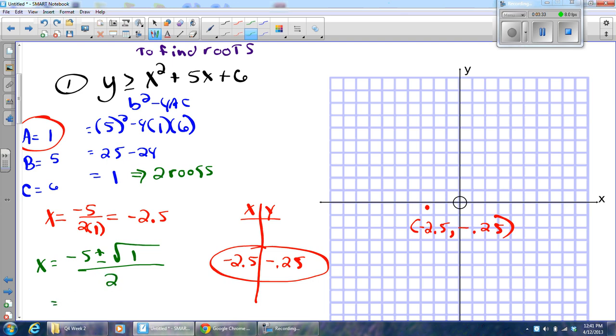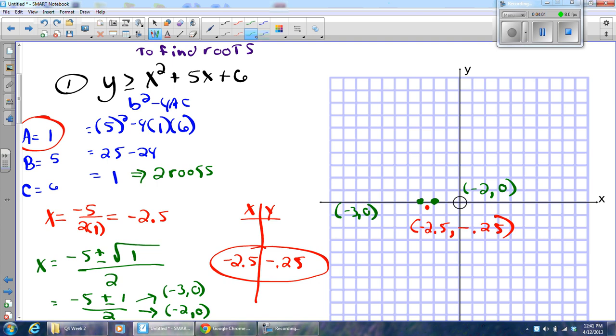Which will be negative 5 plus or minus 1 over 2, which means my roots will occur at negative 6 divided by 2, negative 3, 0. And the other root will be at negative 4 divided by 2, which would be negative 2, 0. And so I'm going to plot those.